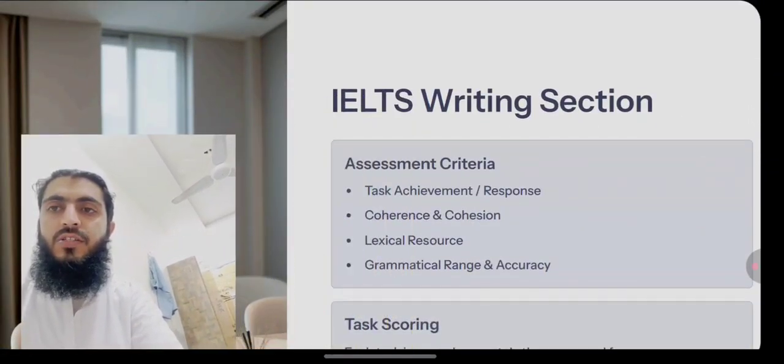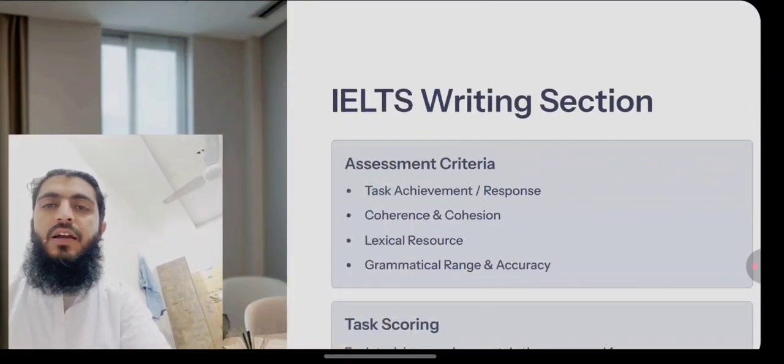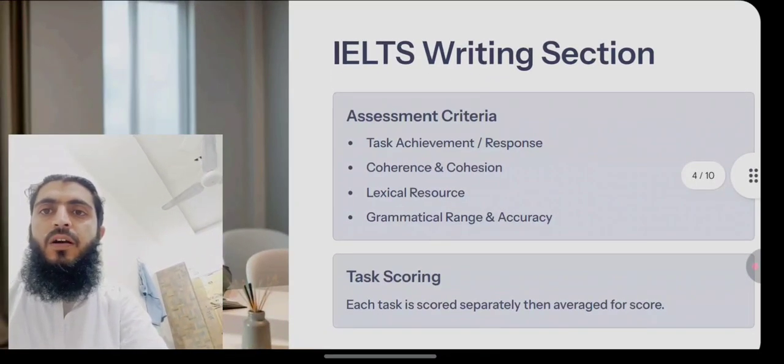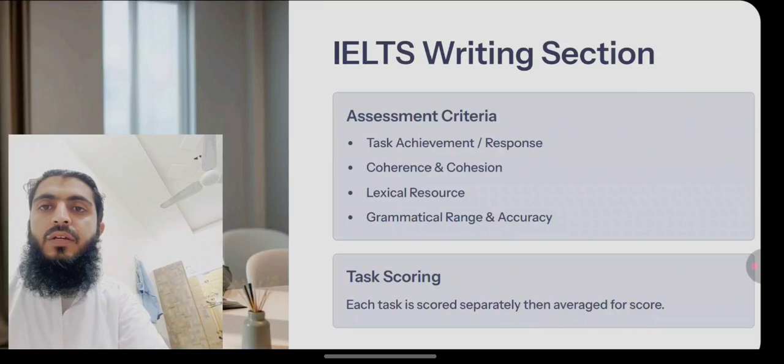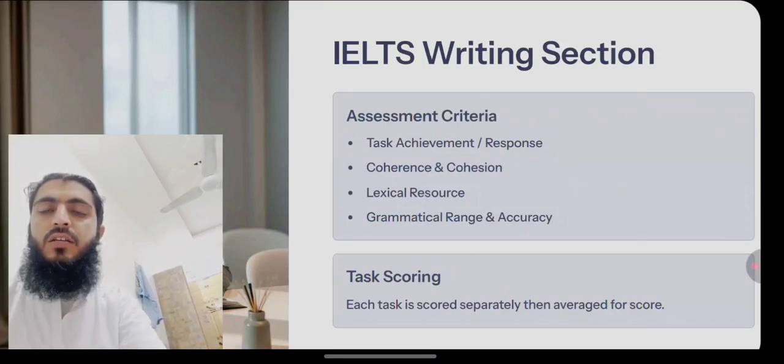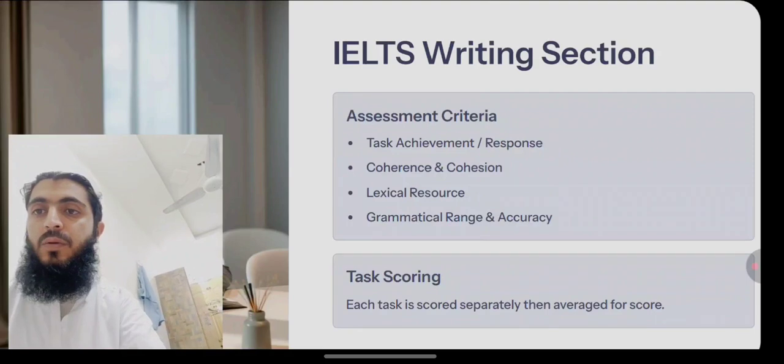Now here you can see the IELTS writing section. We all know that the writing section is assessed in a different way. The assessment criteria for the writing section: they will look at your task achievement, like what they basically demand from you, and what you wrote in your answer paper.